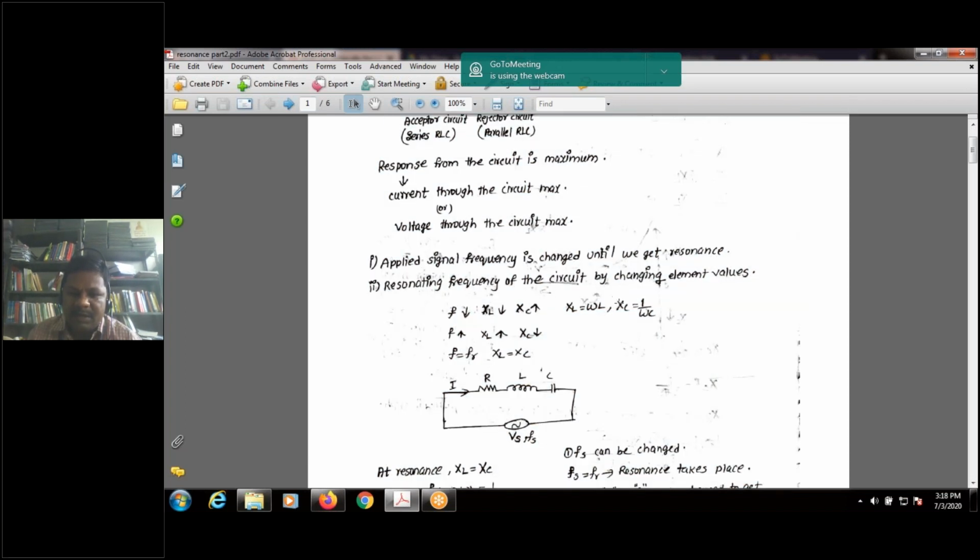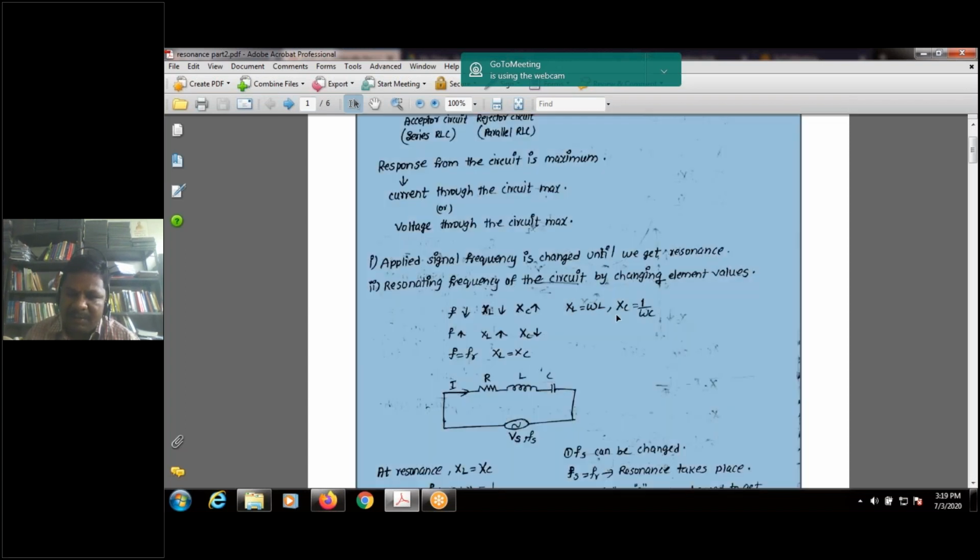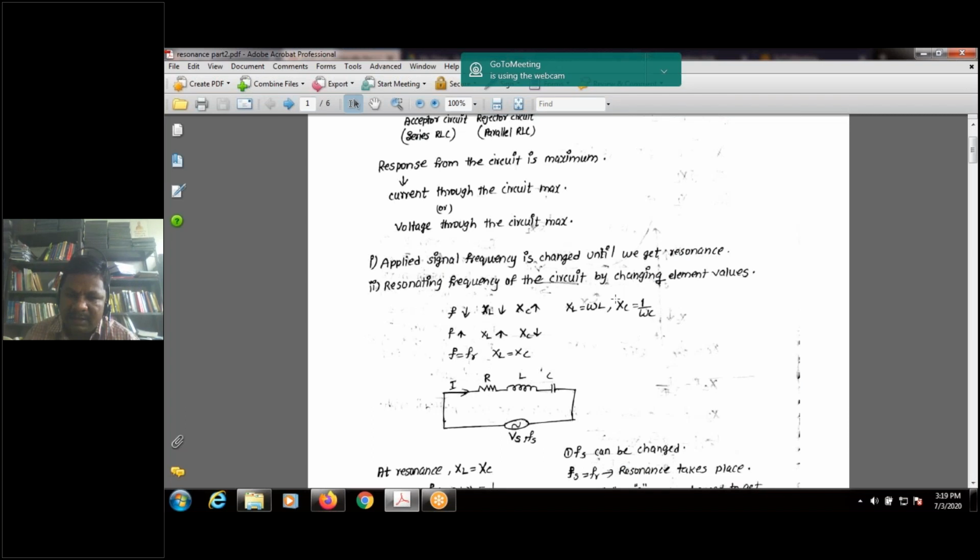Remember this point. Similarly for capacitor, XC is equal to 1 by omega C, omega is equal to 2 pi f. That means here it is inversely proportional. As f increases, the reactance of capacitance decreases. Whereas XL in inductor increases with respect to frequency, whereas in capacitor, XC decreases as frequency increases.